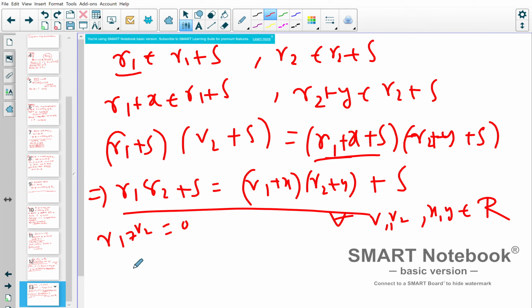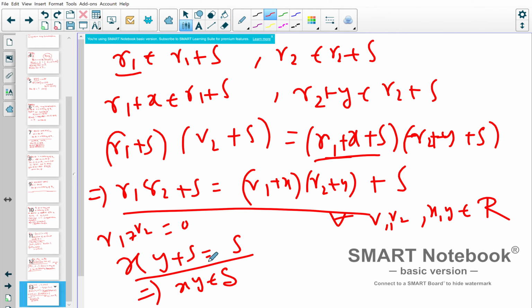You have that XY plus S has to be equal to S. That means XY has to be an element of S, like in a quotient, where A plus H equals H means A belongs to H, and this has to hold for all X, Y in R. That means S must be closed under multiplication. S is already closed under addition, you know.